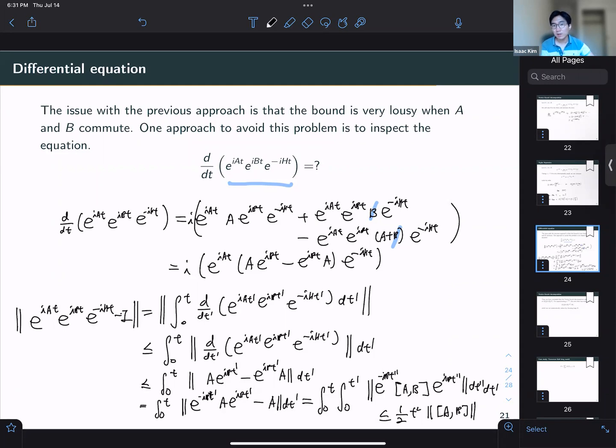You somehow concoct a unitary so that the only thing you're left with is a commutator between these potentially non-commuting terms of the Hamiltonian.